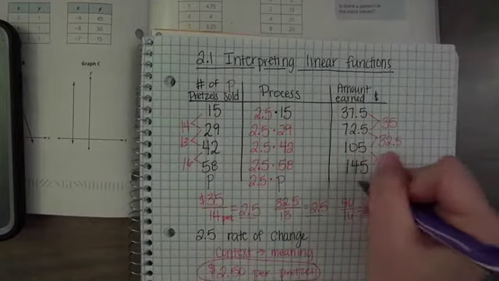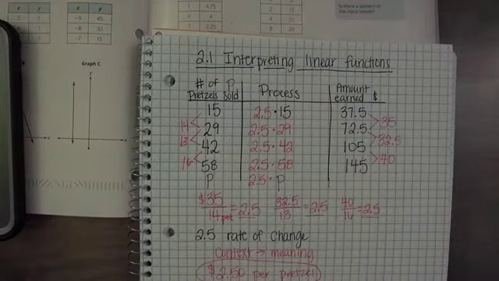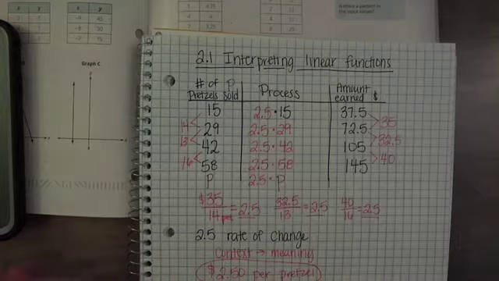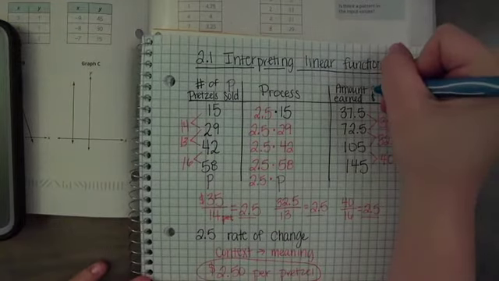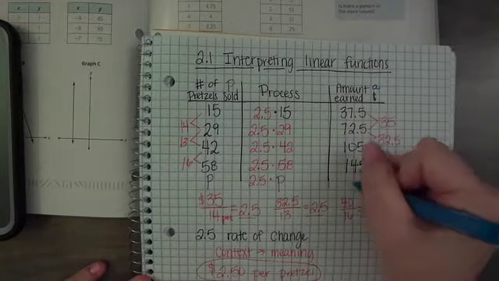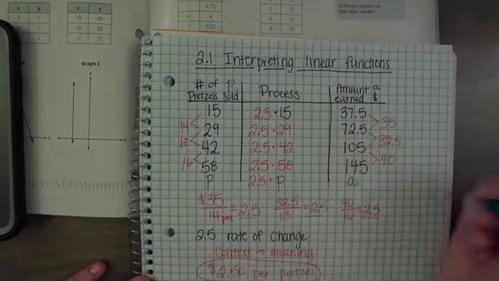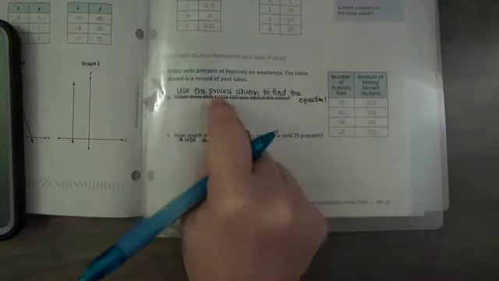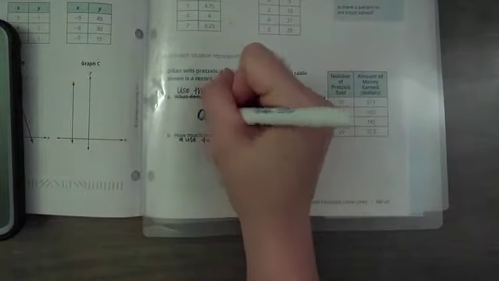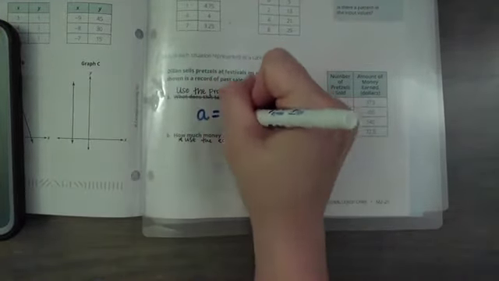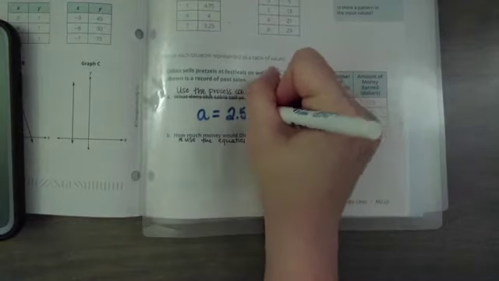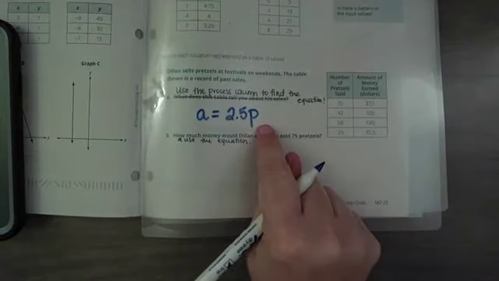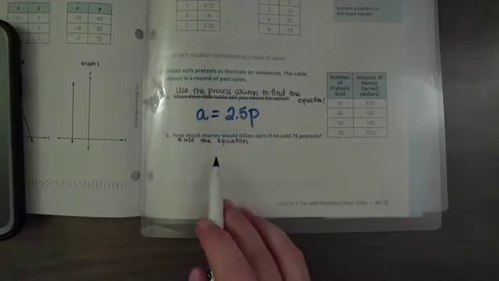And we'll use the letter A for amount, the amount earned. So our equation that we're going to write in our book, or we can write it at the bottom, is going to be A equals 2.50P. It's $2.50 for every single pretzel. Alright, now let's go to the next one.